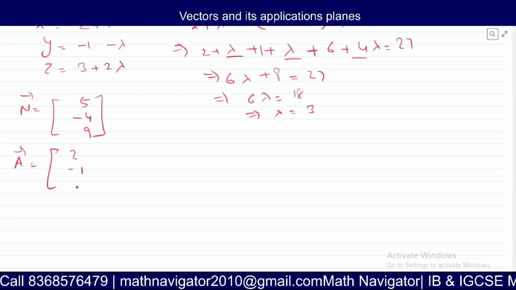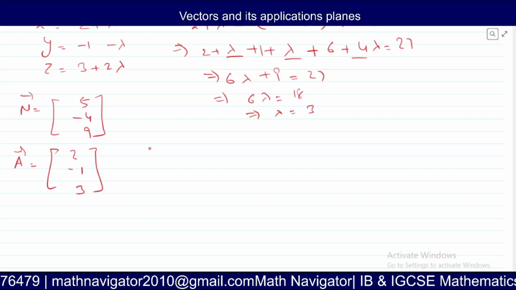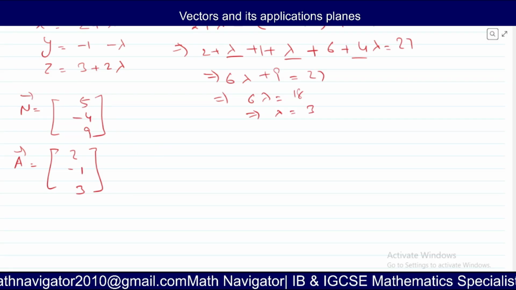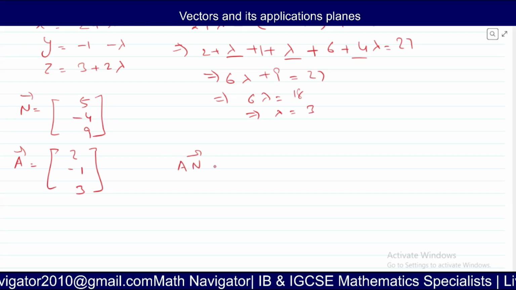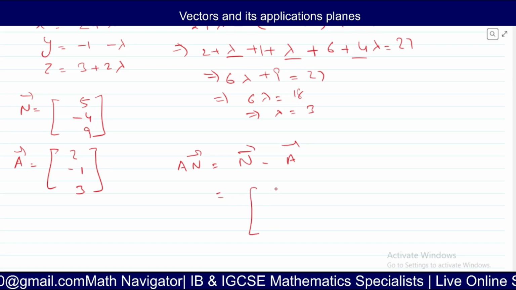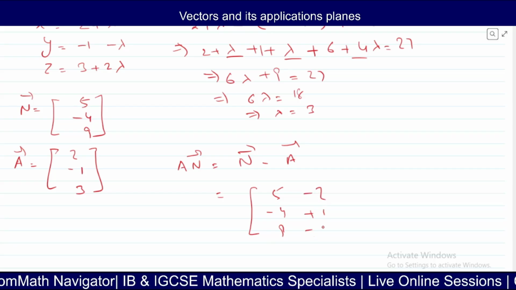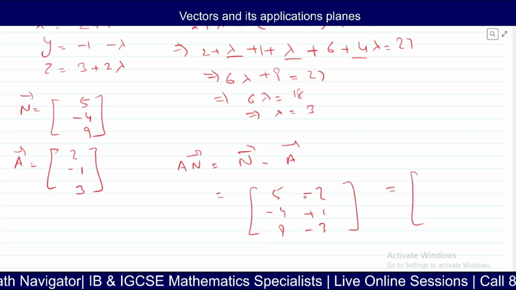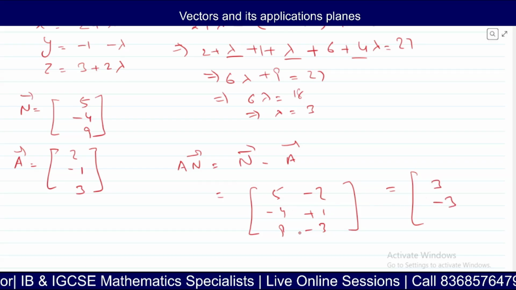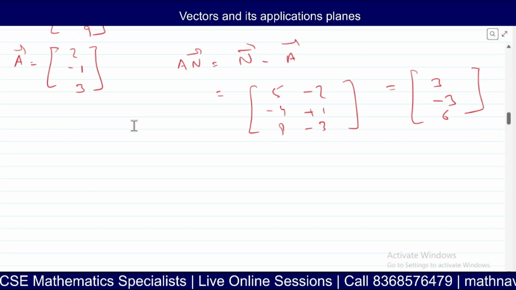So now I can find vector AN as vector n minus vector a, which is (5 minus 2, -4 plus 1, 9 minus 3), which gives me (3, -3, 6).